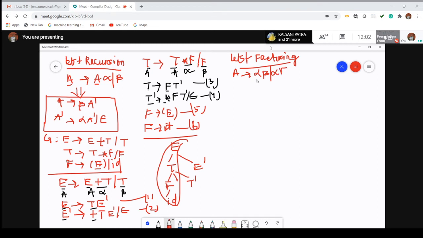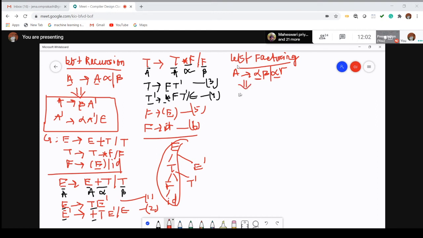Always remember for left factoring this value has to be same, not the left hand side. The left hand side should be different from the right values, but there is a repetition on the right.